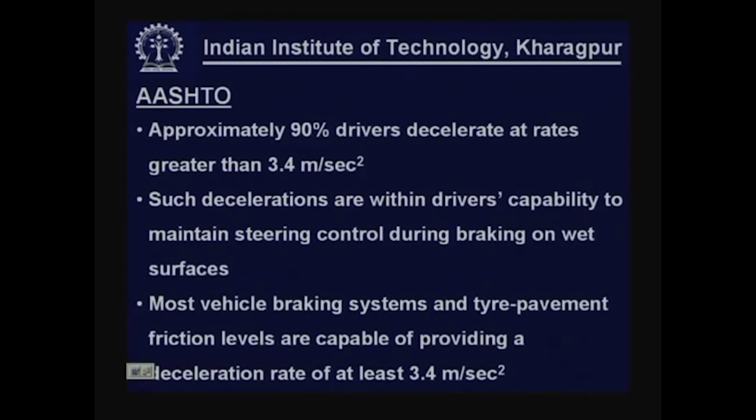At the same time, most vehicle braking systems and tire pavement friction levels are capable of providing a deceleration rate of at least 3.4 meter per second square.